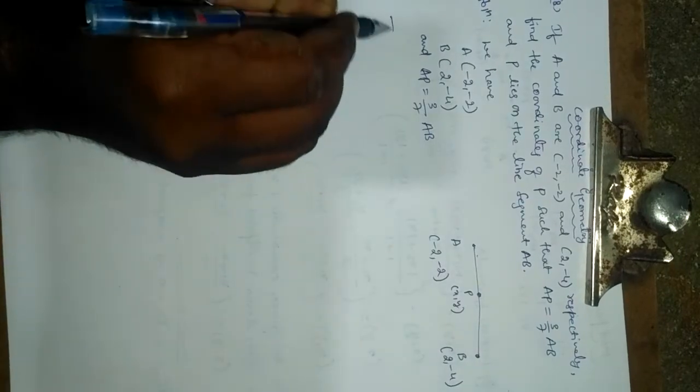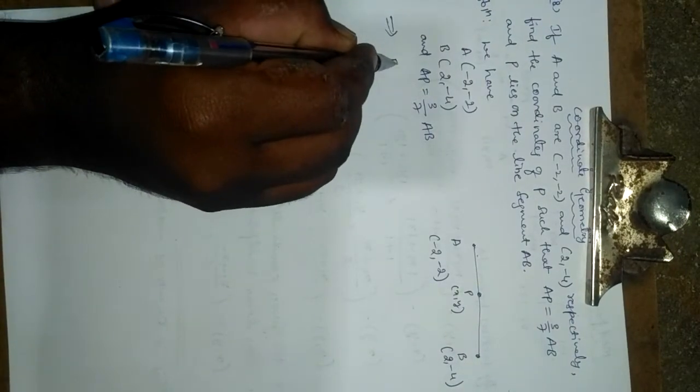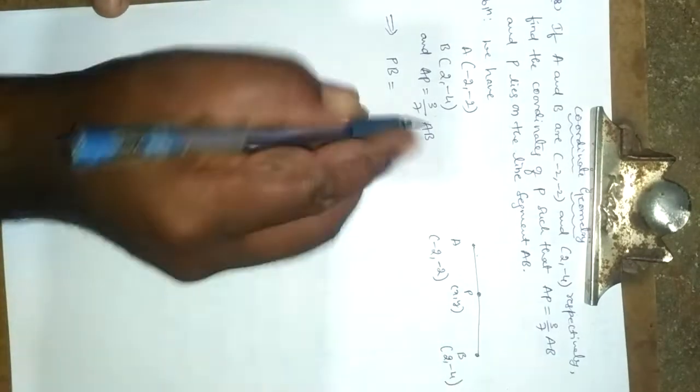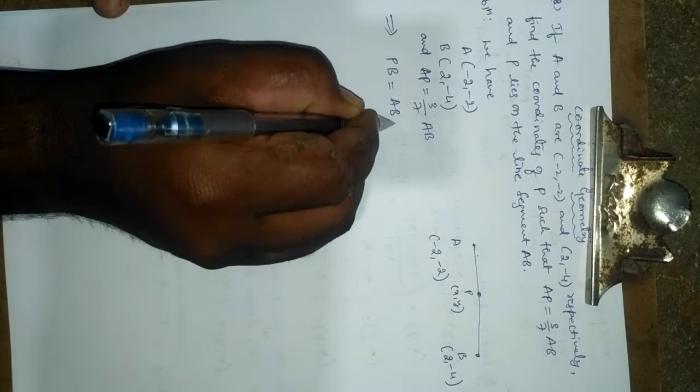Which implies PB is equal to the total length AB minus AP.